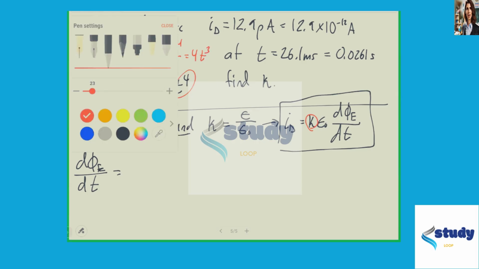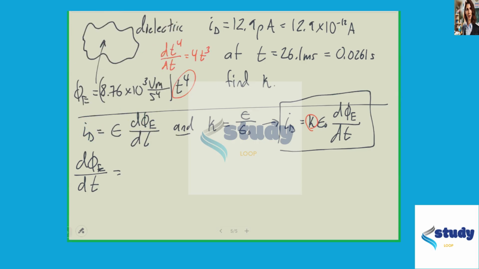All right, so that's a basic result from calculus. So that's the derivative, and therefore the rate of change of the flux with respect to time is just 4 times 8.76 times 10 to the 3 volt meters per second to the fourth times t cubed.